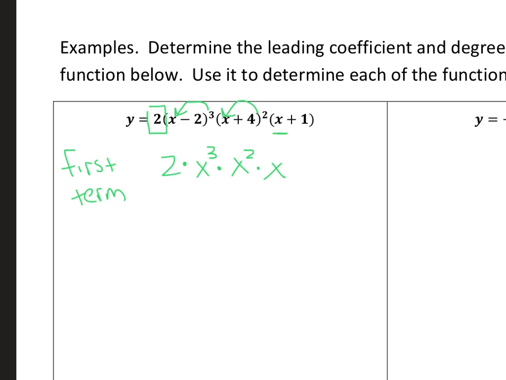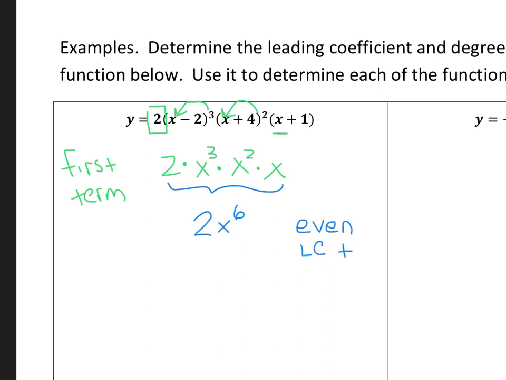And so their product of all of these factors is going to be my first term. I don't need to do all that distribution for that first term. So I have 3 x's, 2 more x's, and 1 more. So this whole thing is going to be 2x to the 6. So my degree is even. My leading coefficient is positive.